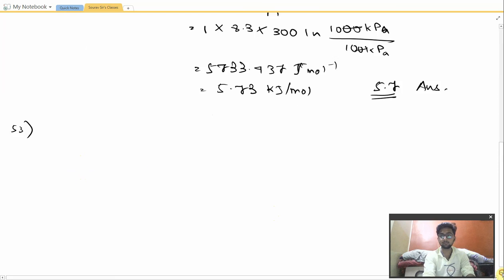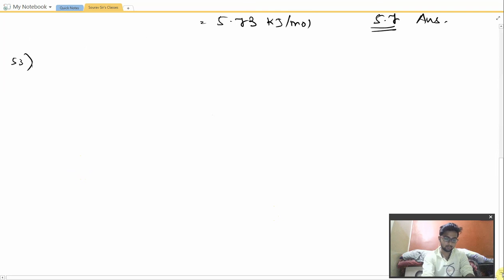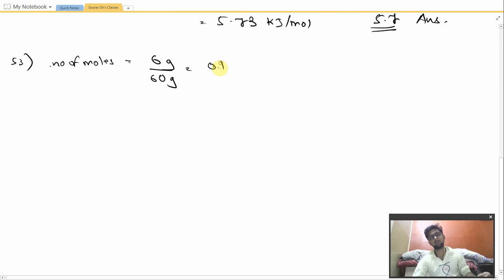The molecular weight of urea is 60 gram. So the number of moles of urea is equal to 6 gram by 60 gram, that is equal to 0.1 mole. Therefore the concentration of urea would be 0.1 mole per liter.